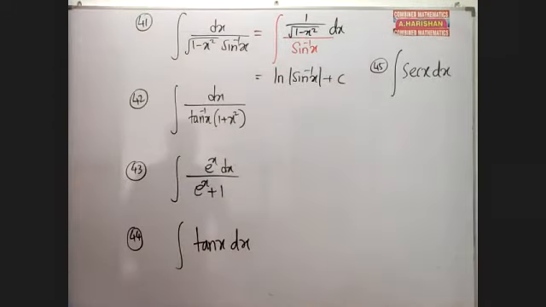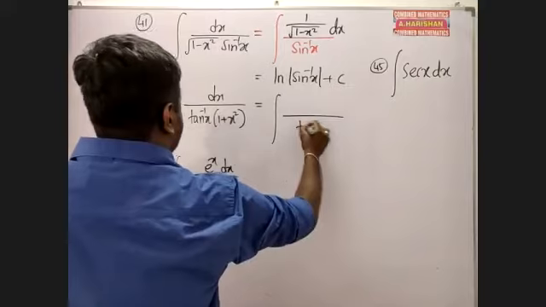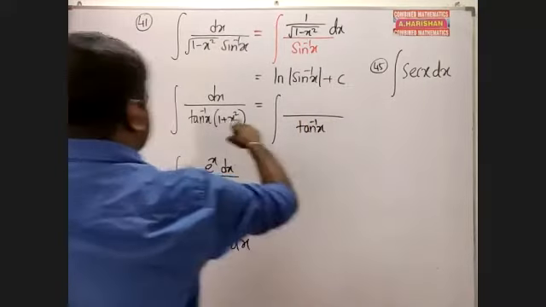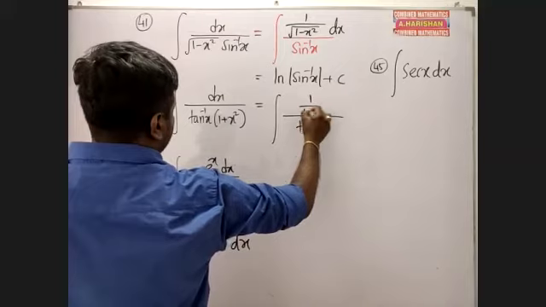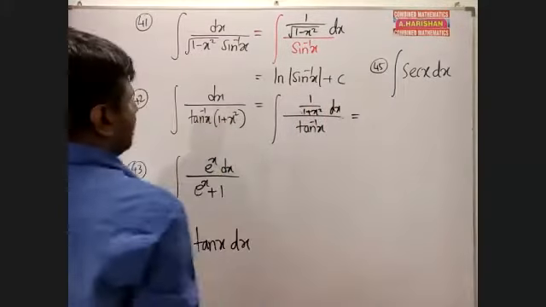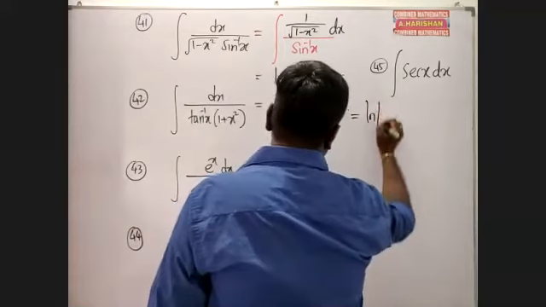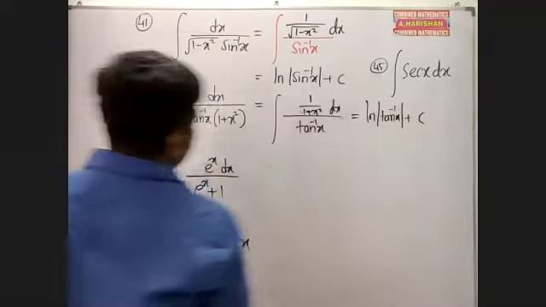That's very great. What about this? Similar way. Tan inverse x you keep here, and 1 over 1 plus x squared you can put in the top. So the answer is ln of tan inverse x plus c.